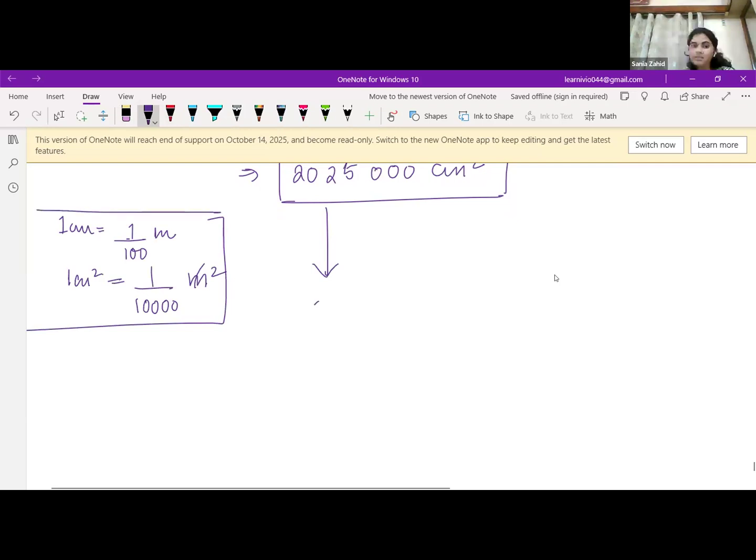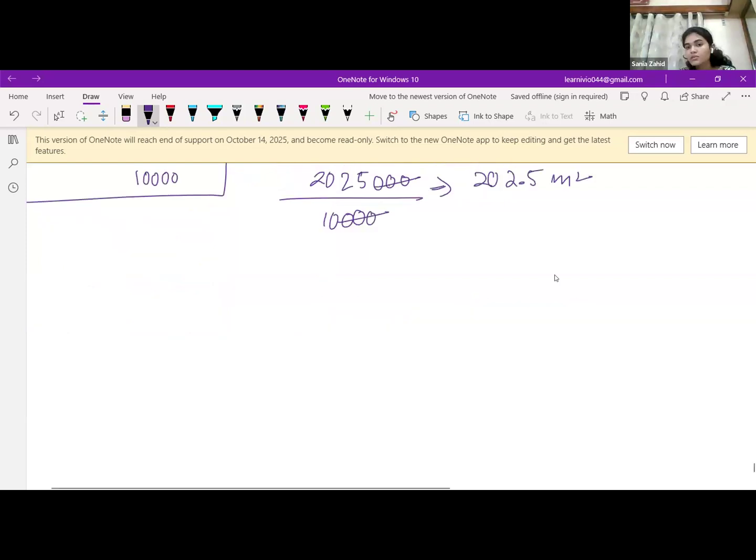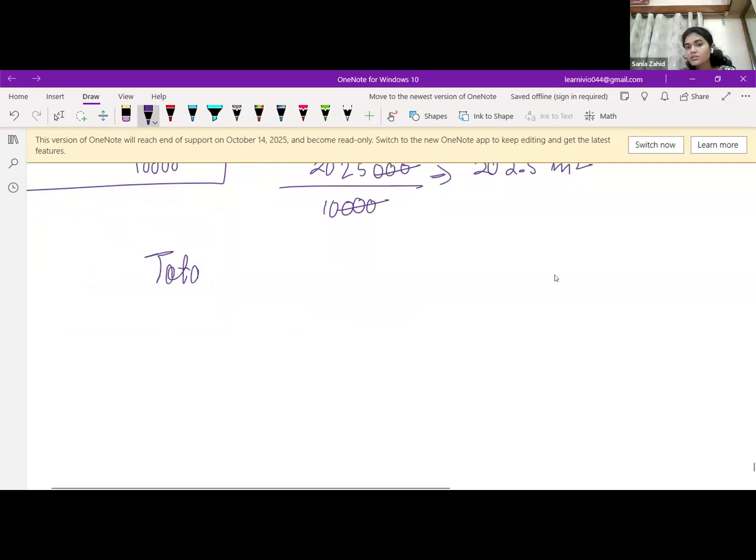So you get 2025 divided by 10,000. 3 zeros cancelled. 202.5. So cost is equal to, now multiply with 4.